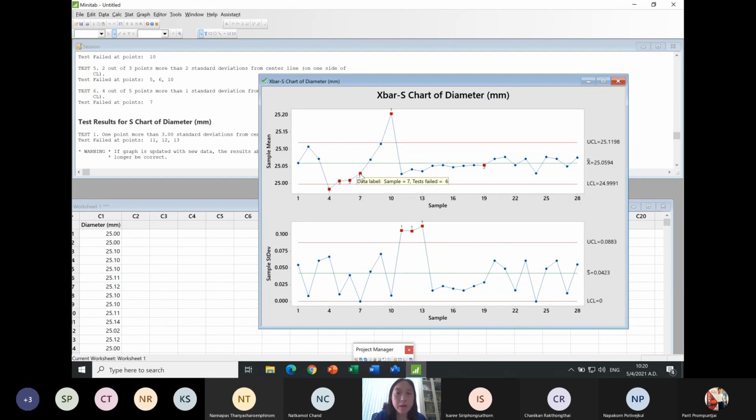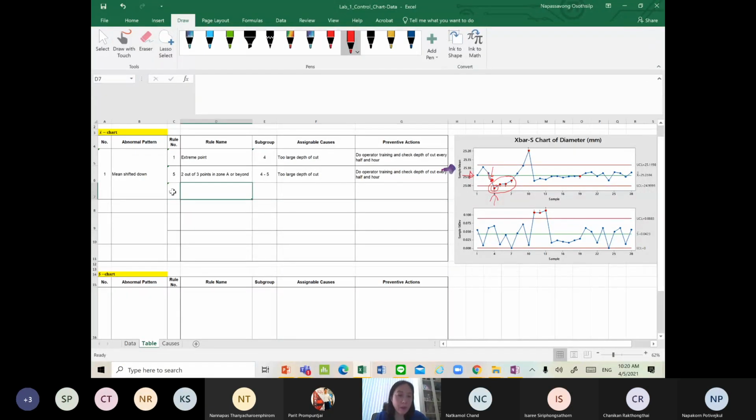So that means the abnormal pattern. If you go back to record this, rule number 6, which is 4 out of 5 in zone B or beyond, the abnormal pattern appears on the subgroups that violate this rule, actually from subgroup number 4 to 7.